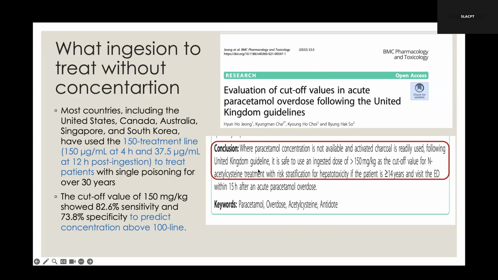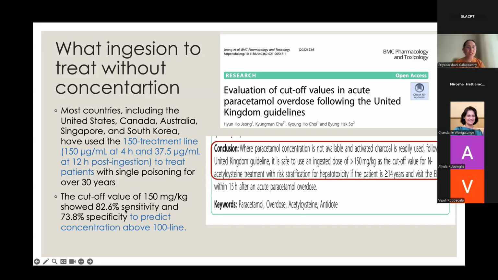And they found that where paracetamol concentration is not available and activated charcoal is readily used, if you're using the UK guideline, an ingested dose of more than 150 milligrams per kg as the cutoff for N-acetylcysteine identifies most of the patients who need treatment, because it gave a sensitivity of 82% and specificity of 73%.